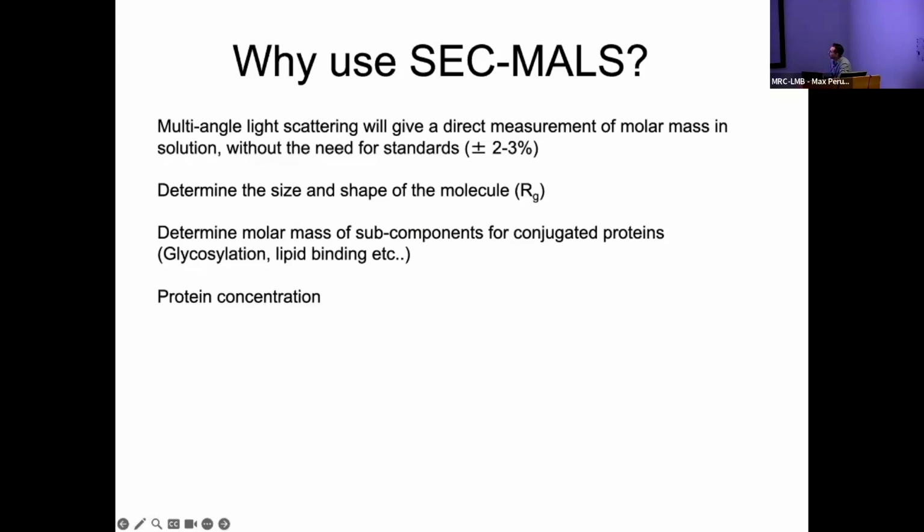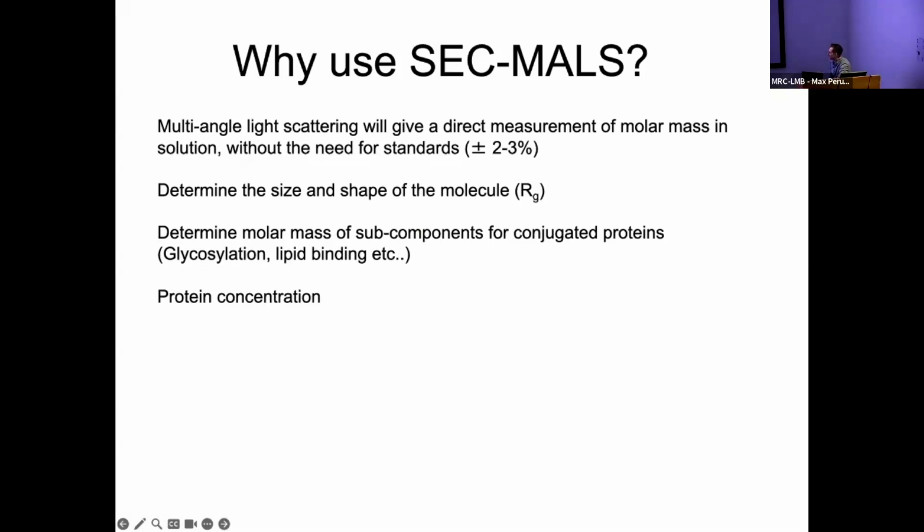It's also a powerful technique because, as well as looking at proteins, we can look at conjugated proteins, we can look at some components, we can see if things are glycosylated or if there's lipid binding, and we can determine how much the complex is made up of these components. We can also get precise protein concentration in this technique.